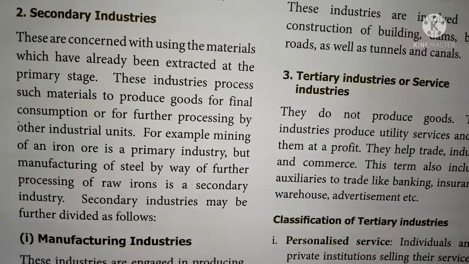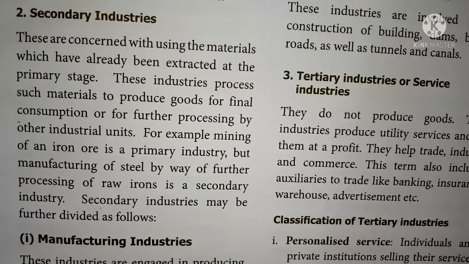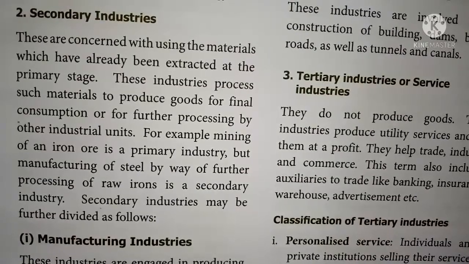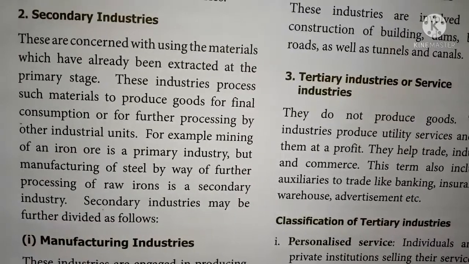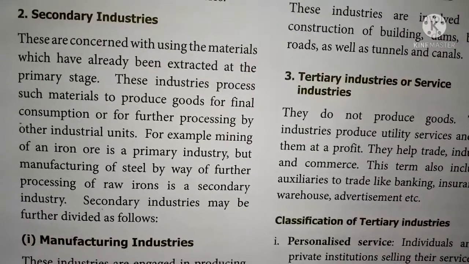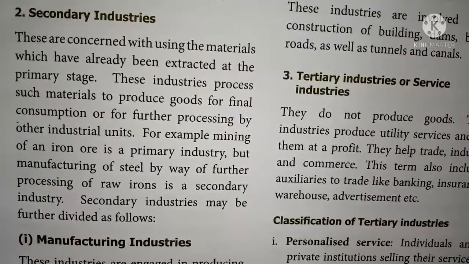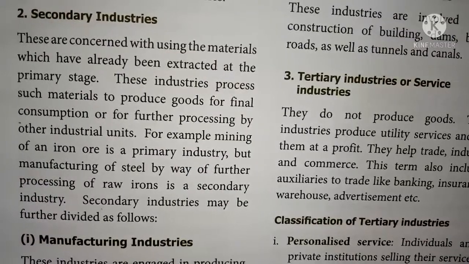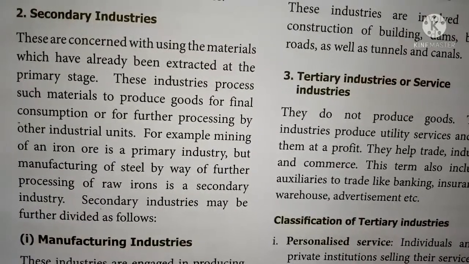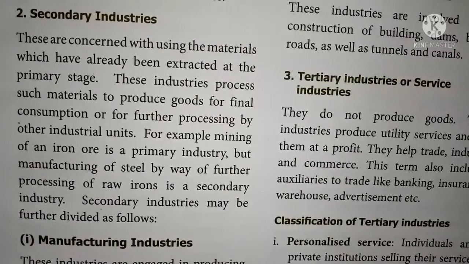These industries process such materials to produce goods for final consumption or for further processing by other industrial units. So secondary industries produce the final consumption product, and also some goods which are used by other industries rather than as finished goods.